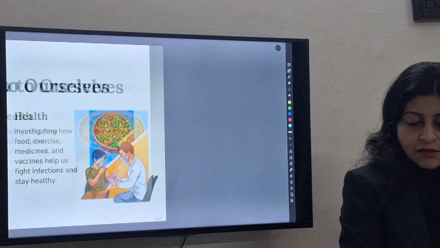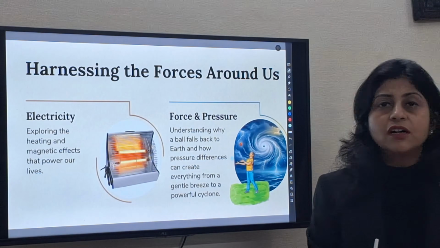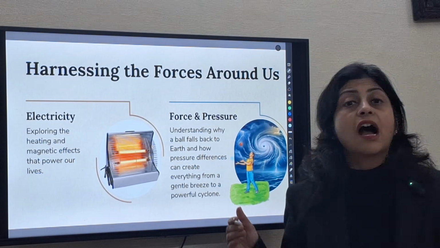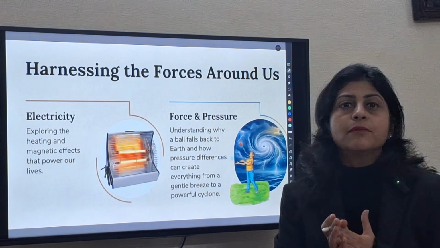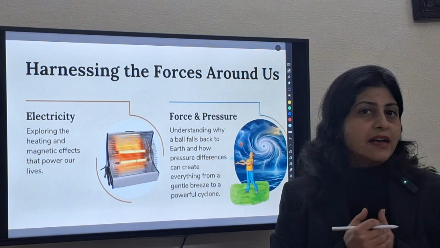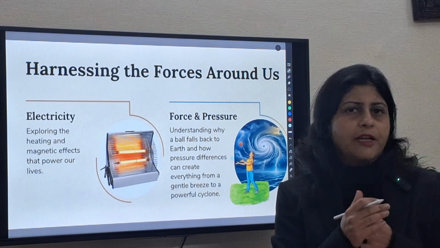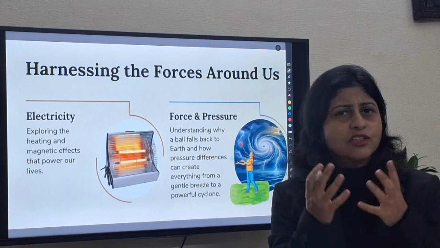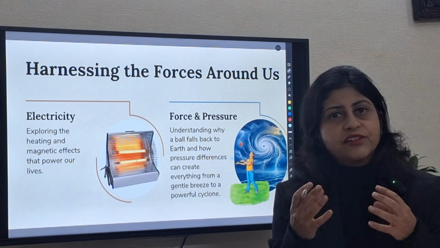Now, from health, we are going to move to the various forces around us which are supporting us, which are harnessing us. The first of them would be electricity. Now, electricity has many effects. Let's start with a question. Have you ever thought how an electric heater works?